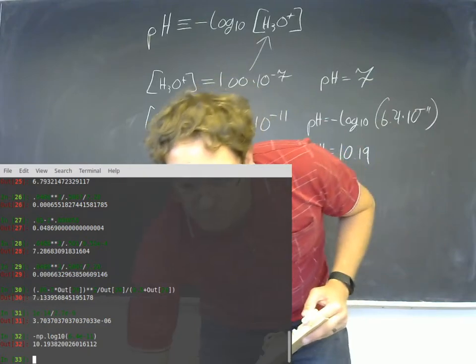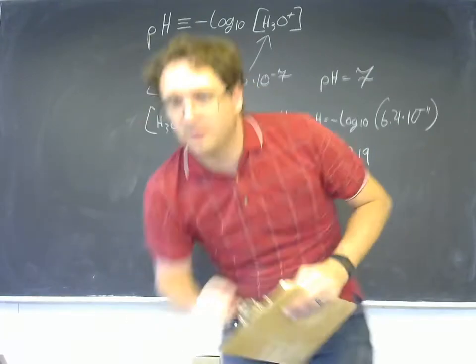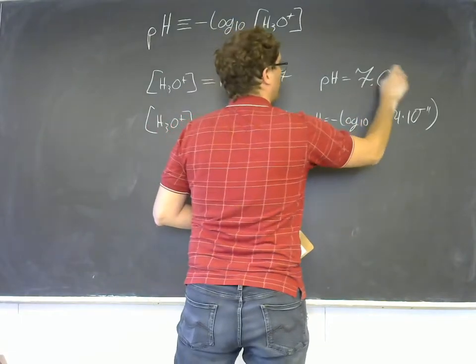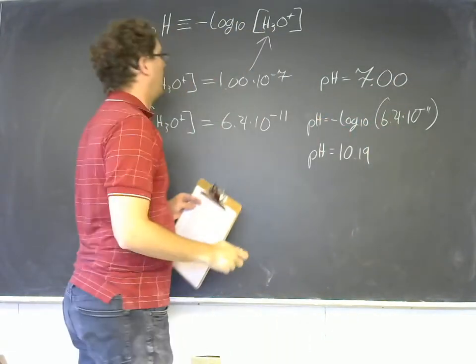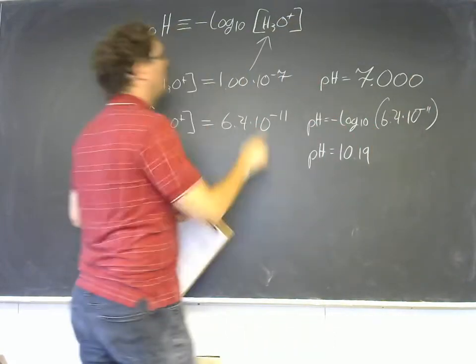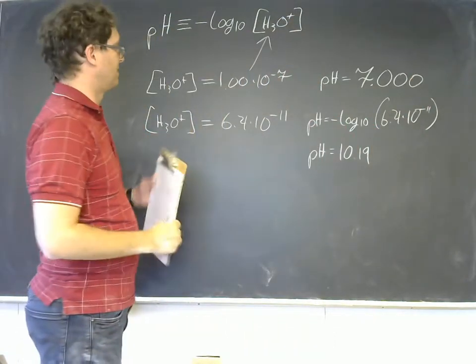Okay, and before we get too far here, let's address the question of sig figs. I, in fact, should have written 7.000 for this answer to match the sig figs here.